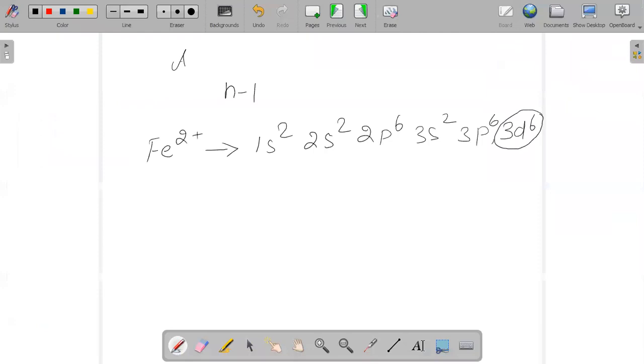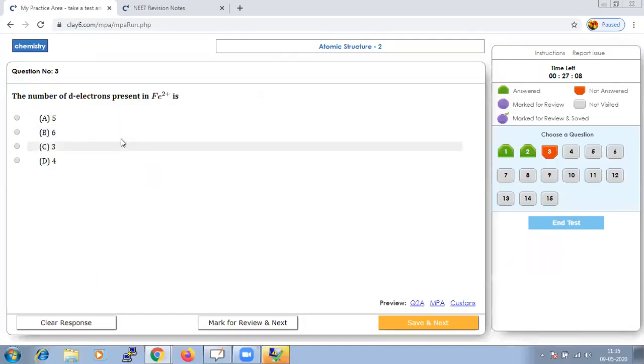So we conclude that the number of d electrons present should be option B, that is 6. You can do the electronic configuration and predict the answer. Let us save that and go to next.